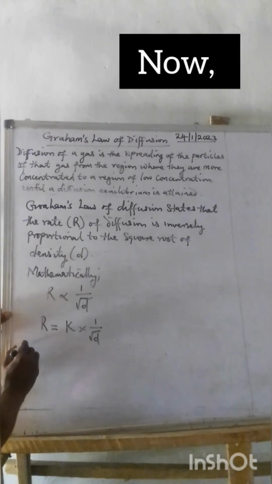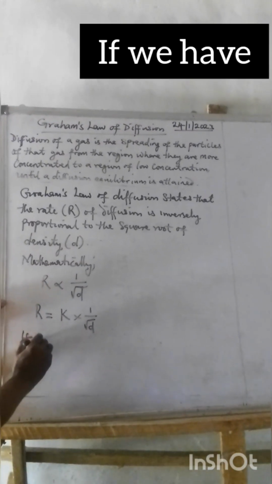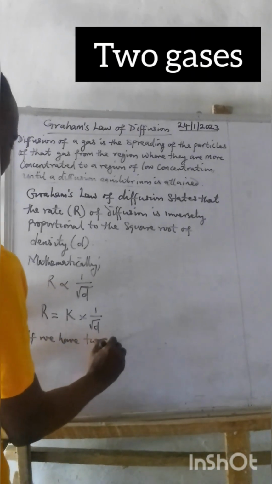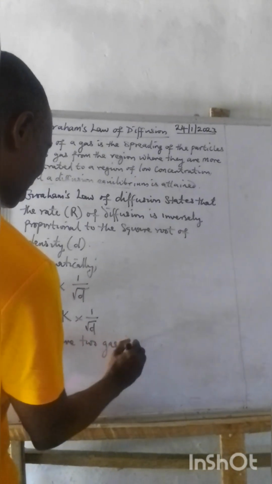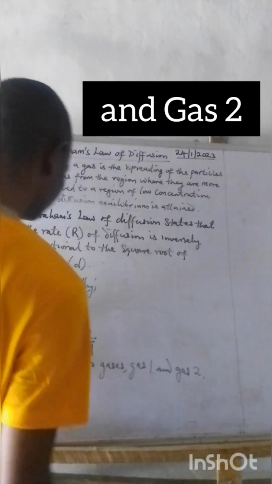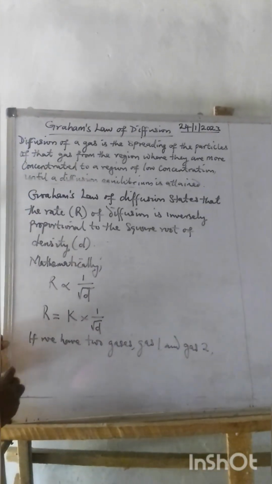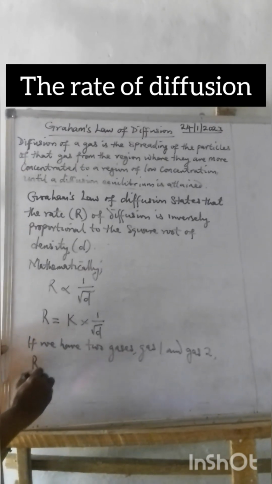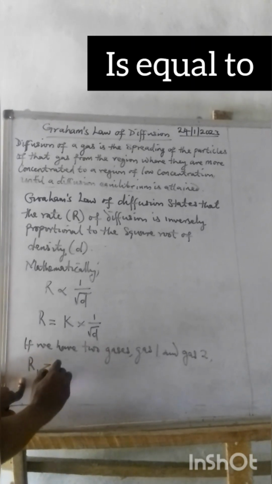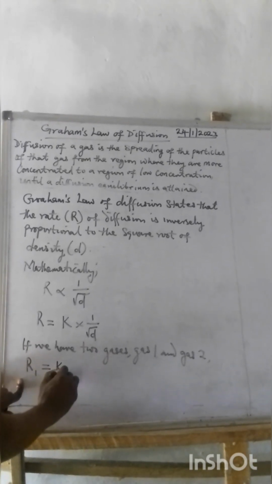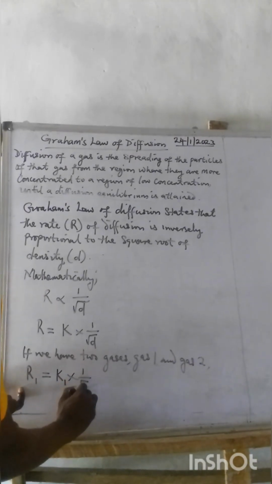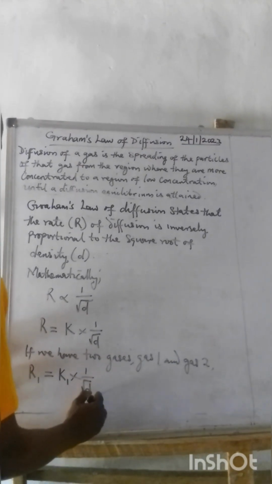Now, if we have two gases, gas 1 and gas 2, the rate of diffusion for gas 1, R1, is equal to K1 times 1 over square root of d1.